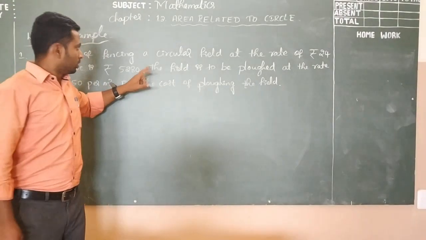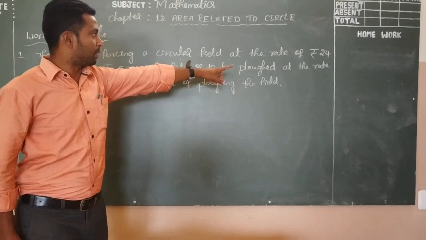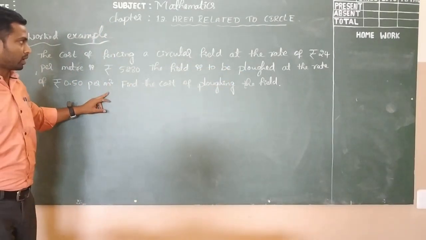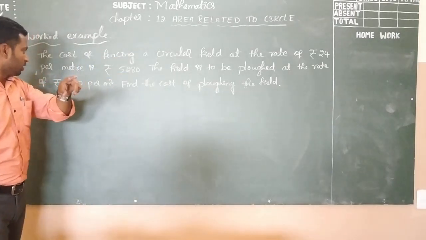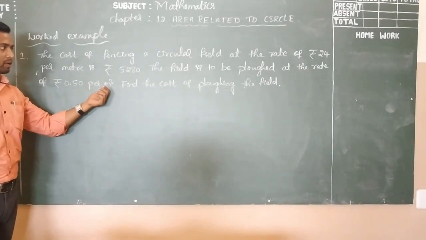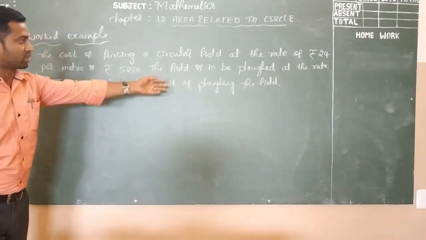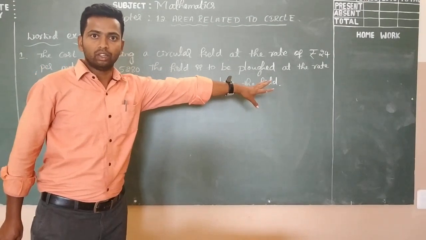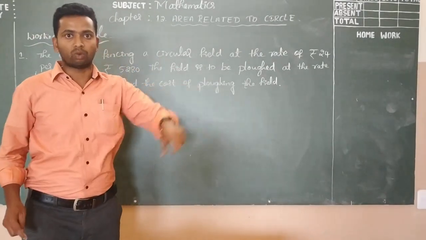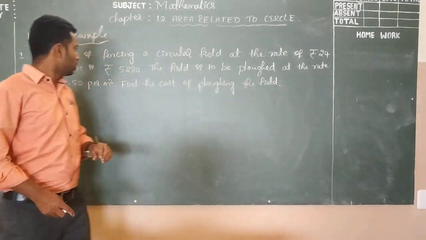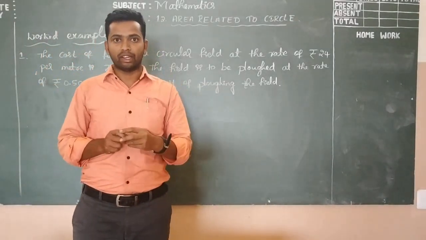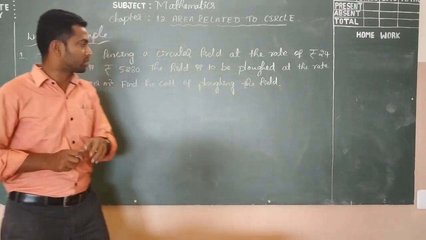The field is to be ploughed at the rate of 0.50 rupees per meter square. What is the cost of ploughing the field? First we have to calculate the area of that circular field. To calculate the area, we require the radius, so we first calculate the radius.